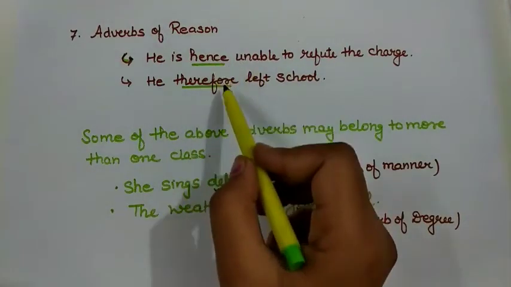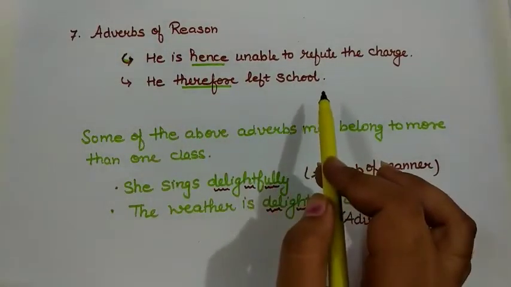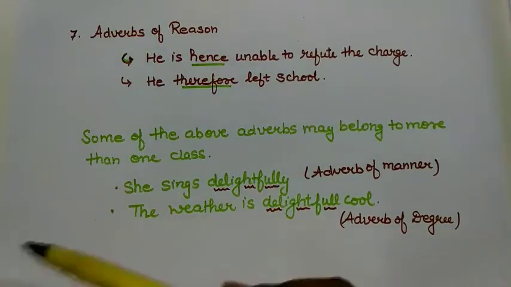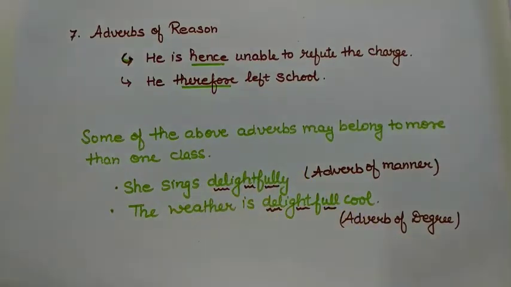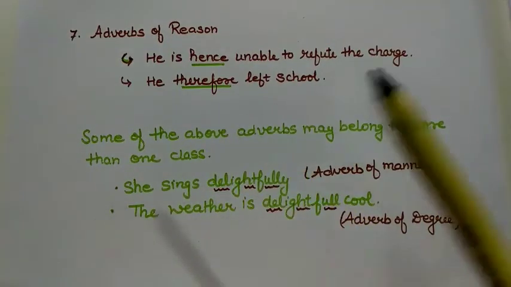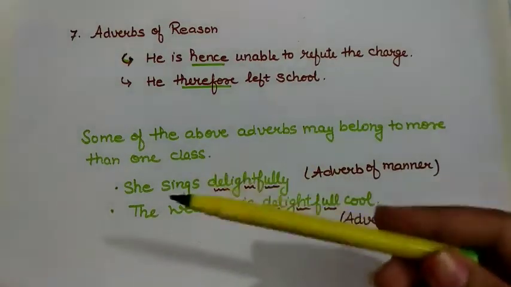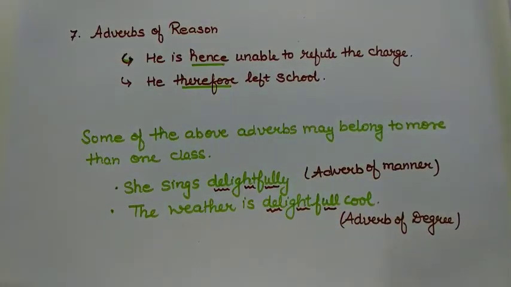Means the words hence and therefore are adverbs of reason because they are telling us the reason for something. If I try to make a question out of it, I will say, why did he leave the school? The answer can be, his homework was incomplete. He therefore left the school for the day. Means anything which is giving some reason is shown by hence, therefore, and words like that.